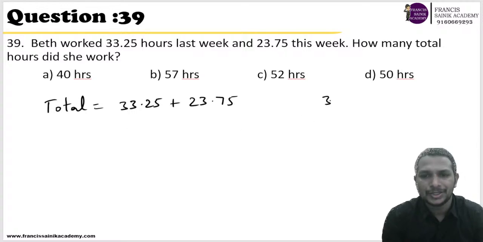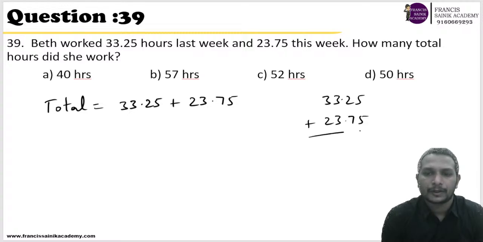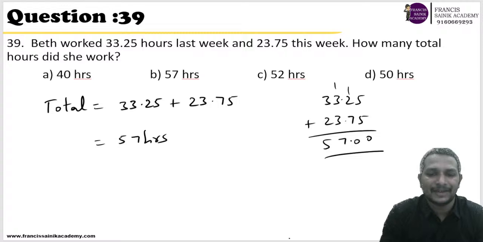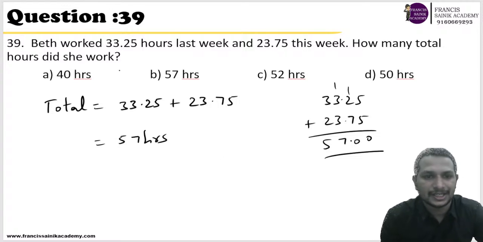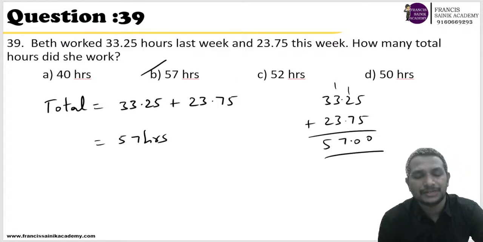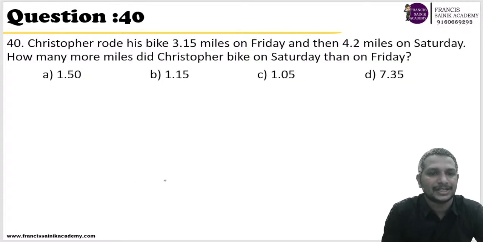When we add these two decimals carefully, altogether she worked for 57 hours, which is option B. Next.